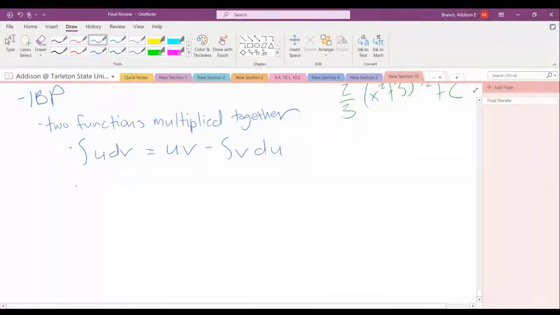There actually is usually a priority to how you figure out your u. I know there's another one that some students said they learned. The one that I learned for the priority was called LIATE.